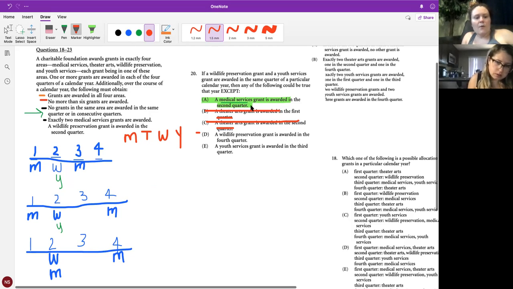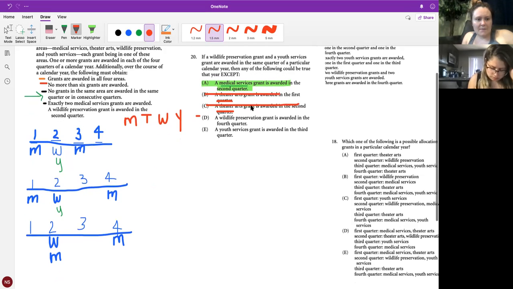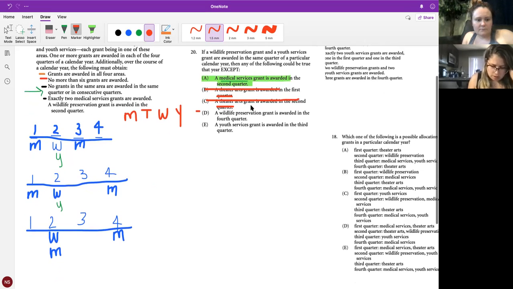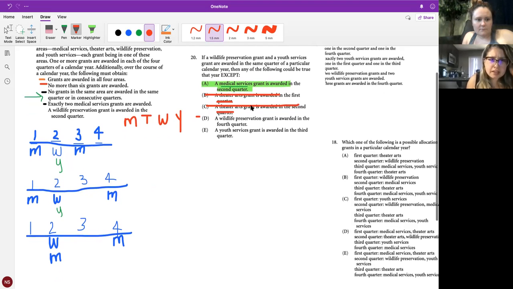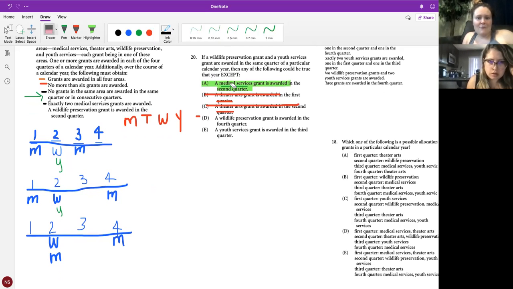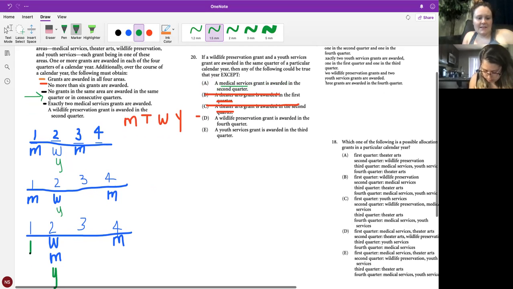Oh, wait, is there no rule of up to how many can be in one quarter? I think you have to have, let me see. So if we put Y here, we could put T here and T here. W and Y, because then that would fill up at least one.